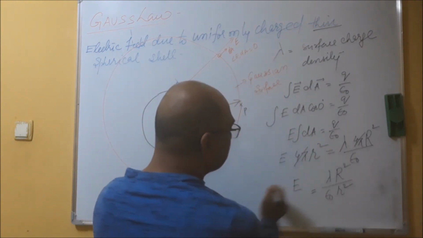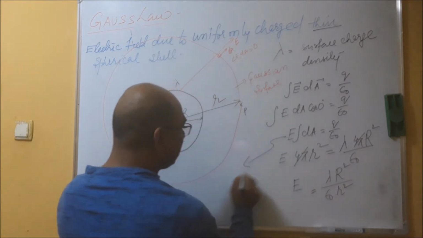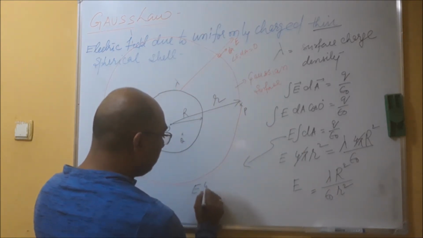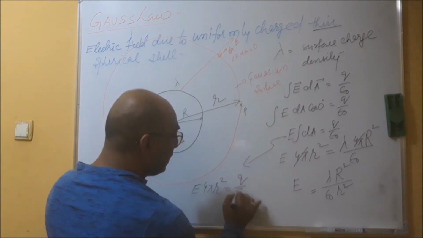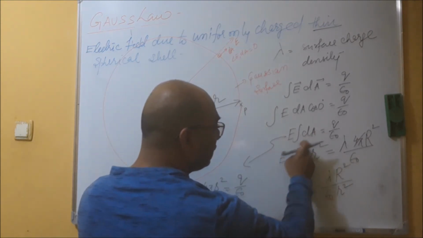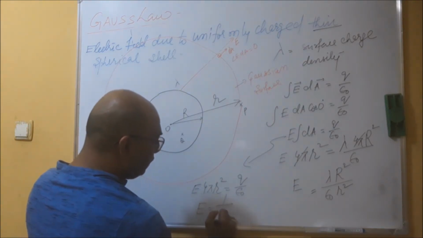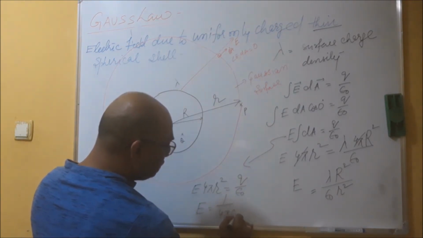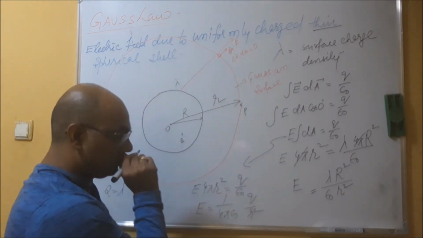If I am writing in terms of Q, from this expression I can write like this: E times 4 pi r square equals Q upon epsilon naught, right? So what is E? E equals 1 upon 4 pi epsilon naught times Q upon r square, right?